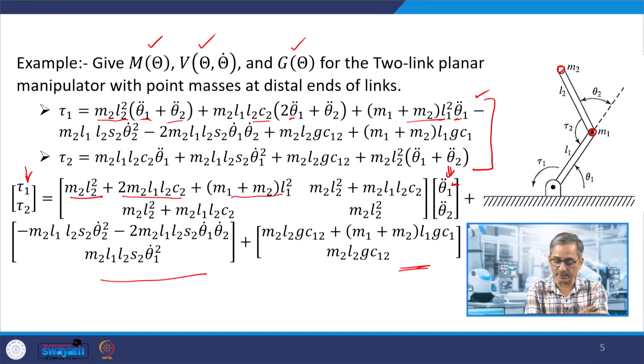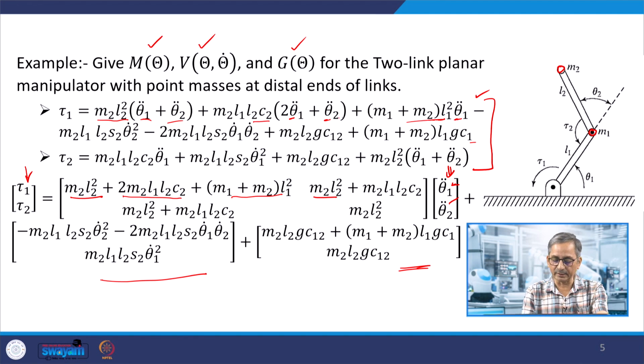All of these are parts of tau 1. Then the terms associated with theta 2 double dot: it is m2 L2 square, and then m2 L1 L2 C2. We are now not left with any other theta 2 double dot term, so this part of tau 1 is complete. Then I can write the other terms.